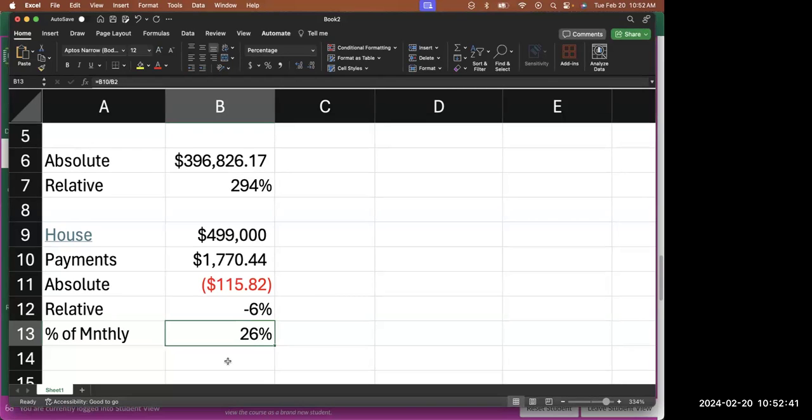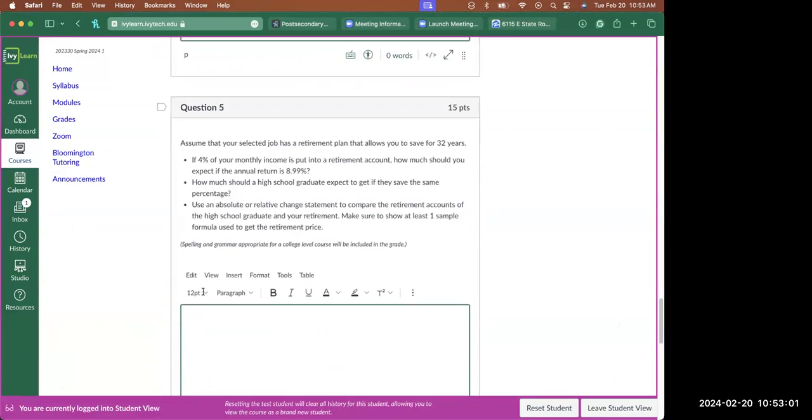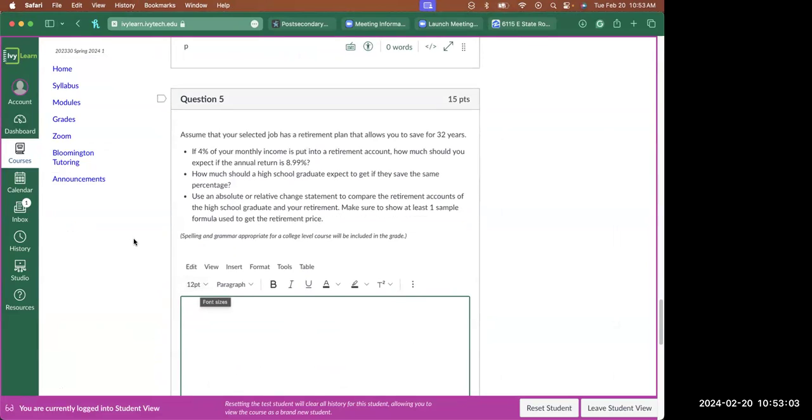Before it was set at 28, I picked a house. Now it's 26. Okay. So I'm able to do that. All right. So I get to pick what city I live in. I picked Bloomington. I found a house I like. It's huge. I can make the payments because I'm doing great. And there it is. Okay, I'm going to use my absolute and relative change statements.